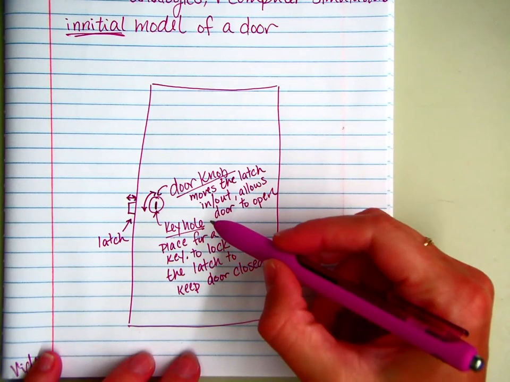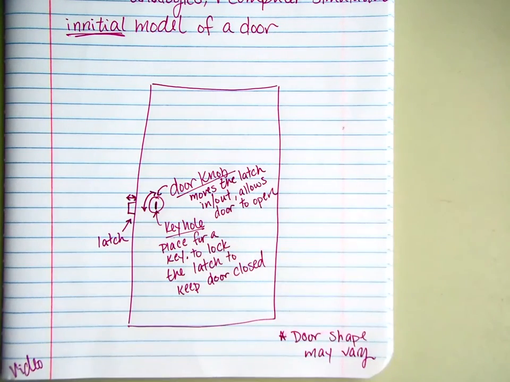So the keyhole is a place for a key to lock the latch and keep the door closed.